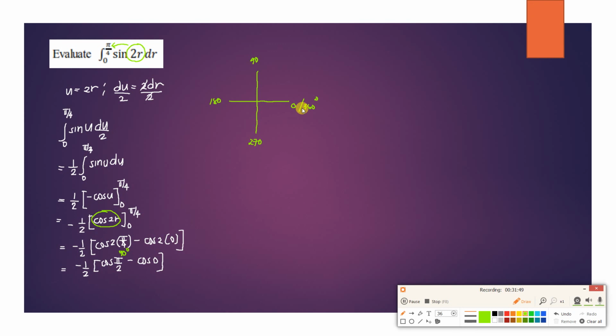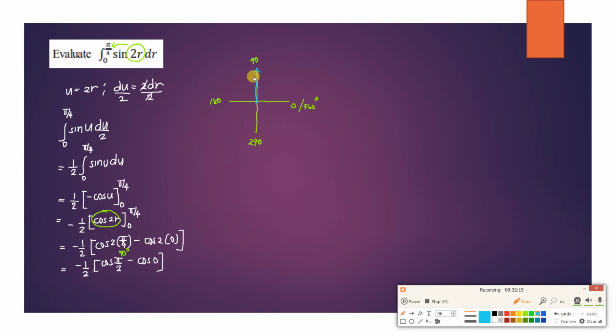So, kung i-evaluate natin yung cosine pi over 2 which is 90 degrees, nasaan ba si 90 degrees? Patayo. Si cosine, pahiga lang siya kasi x. So, ang may value lang kay cosine, yung pahiga na 0 degrees, 180 degrees, or 360.